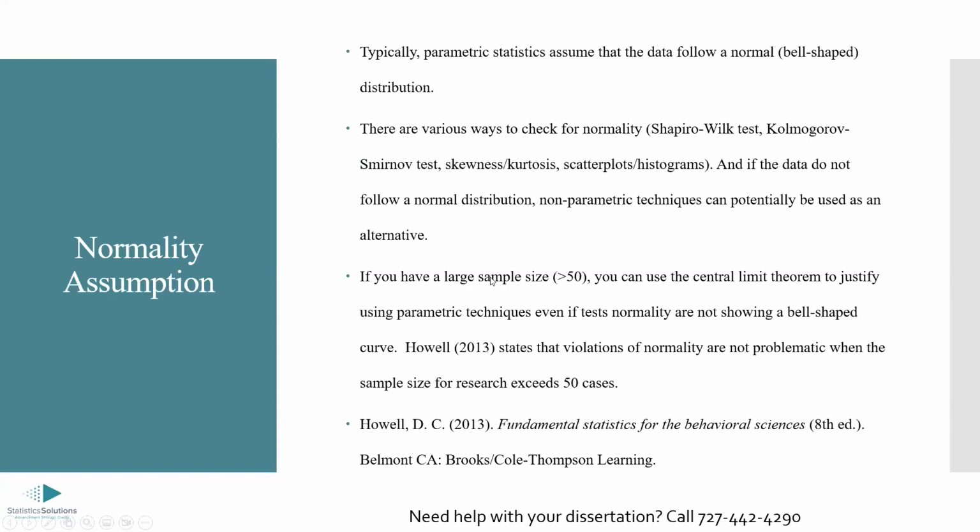And if you have a really large sample size, you can apply the central limit theorem to justify proceeding with parametric techniques, even if normality is violated. I put the citation here. Howell in 2013 states that violations of normality are not problematic when your sample size consists of exactly or at least 50 cases. So the central limit theorem basically states that the larger your sample size is, the more it tends to approximate towards normality.